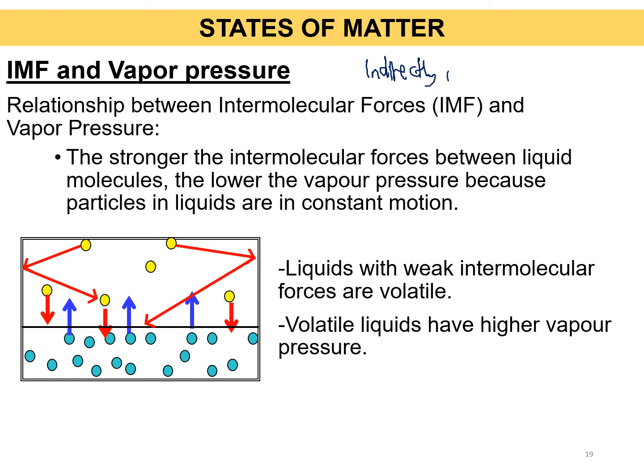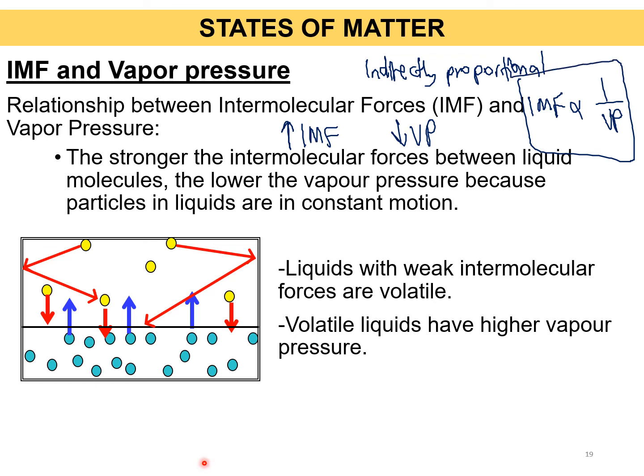Indirectly proportional, because it says the stronger the intermolecular forces, the lower the vapor pressure. So the relationship between IMF and vapor pressure is indirectly proportional.